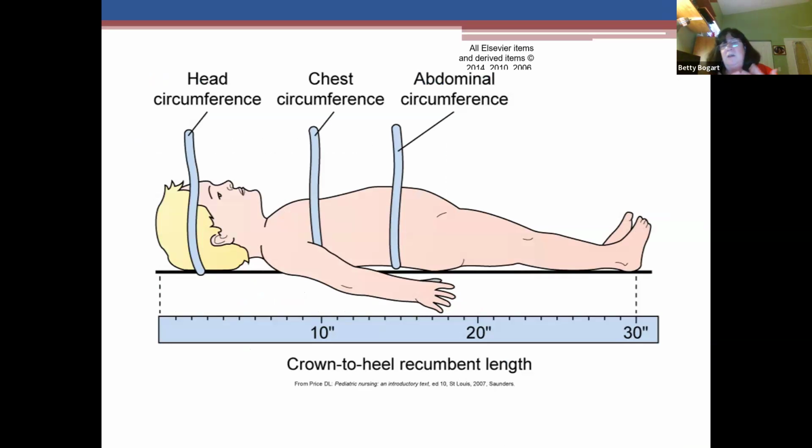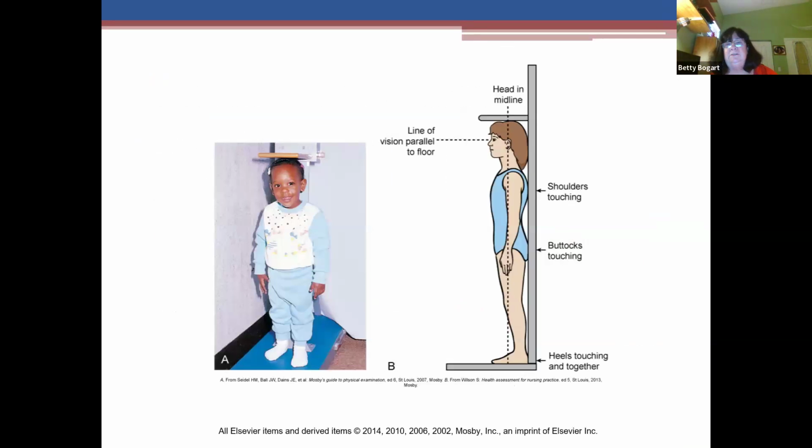You're going to do that every shift or every feed, abdominal circumferences, to make sure that the food's going down there. Know that the chest and the head should be equal, or the chest bigger, by 1.5 years old. We know that they're born with big heads. They do catch up.